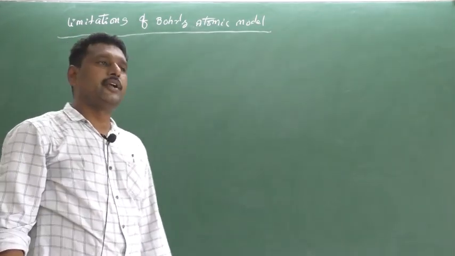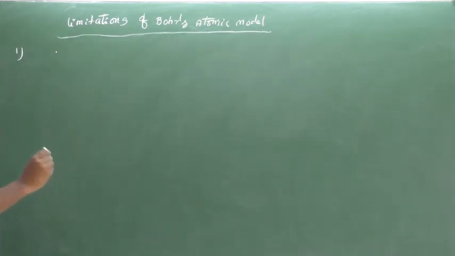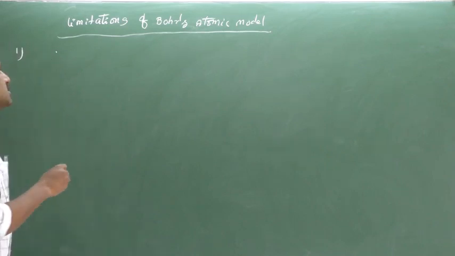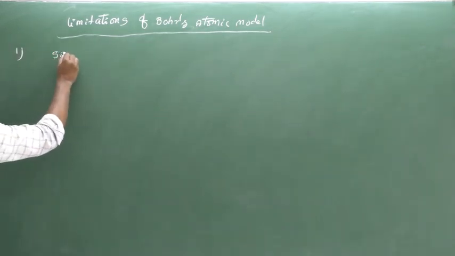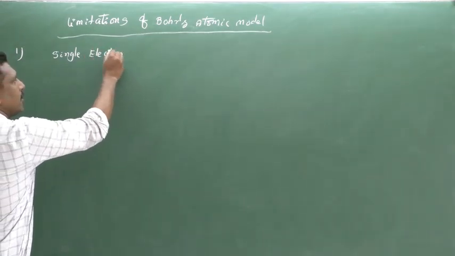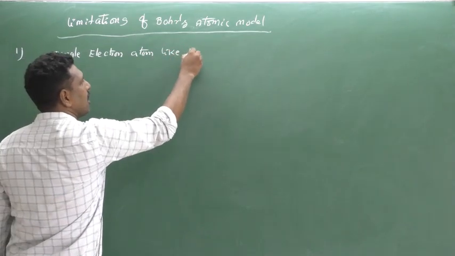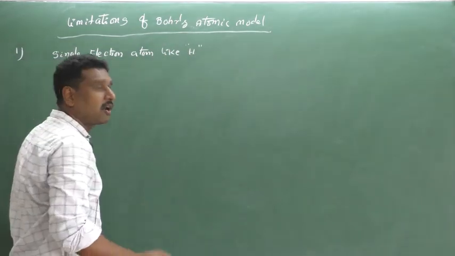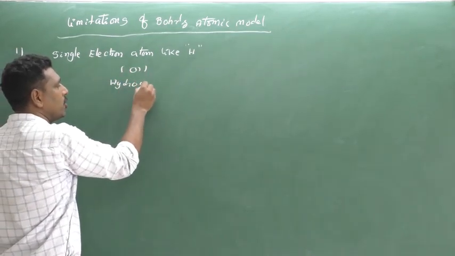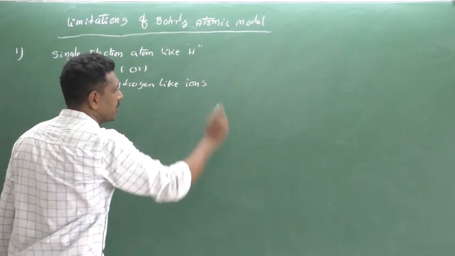The first demerit is that this atomic model is only for single electron atoms, like hydrogen or hydrogen-like ions. This is the first demerit.